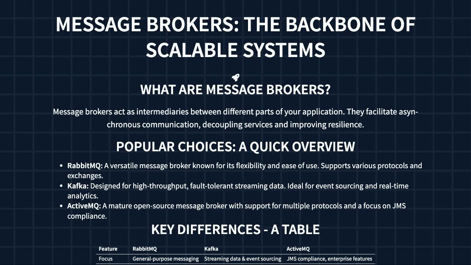Let's talk about message brokers. They're like the unsung heroes behind many scalable applications. Essentially, these are software systems that help different parts of your app communicate with each other without being directly connected. Think of it as a post office for your services.